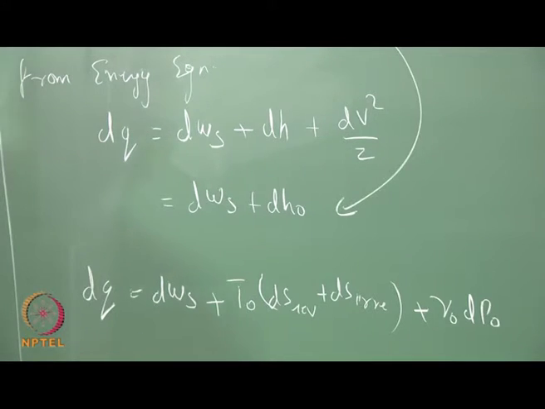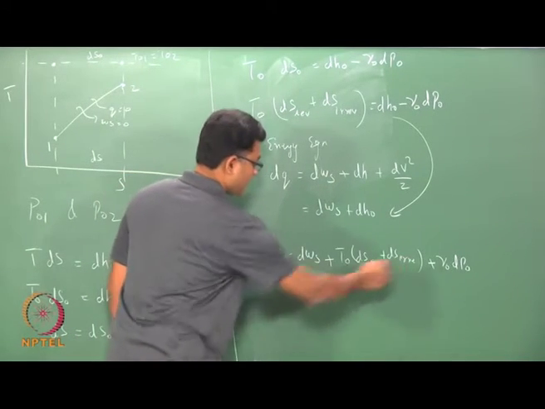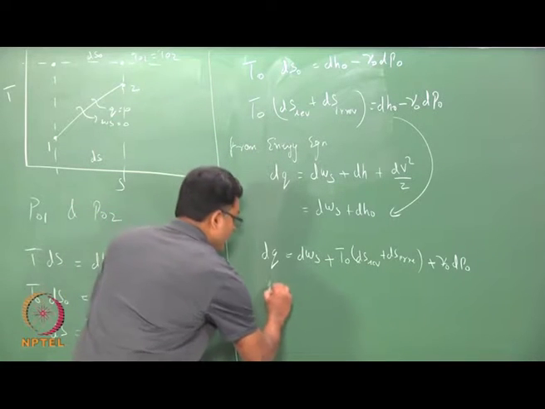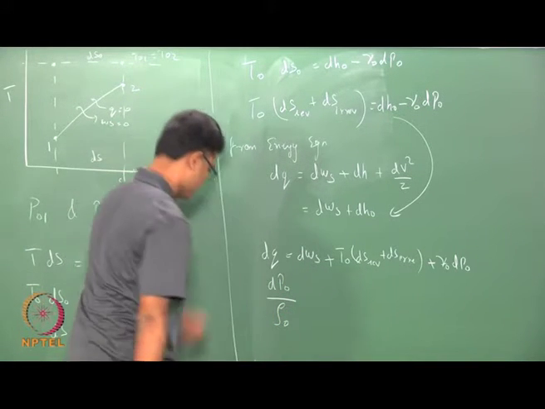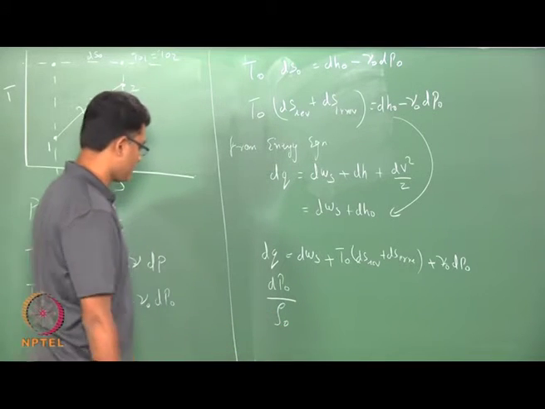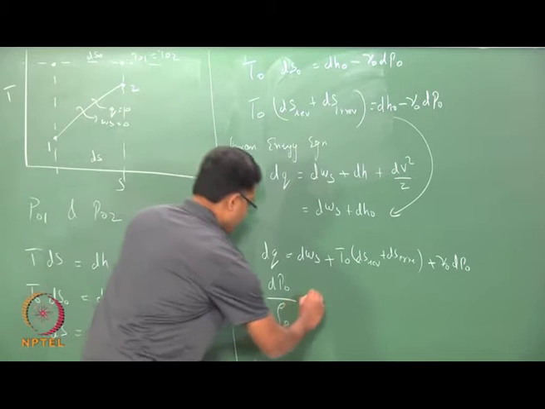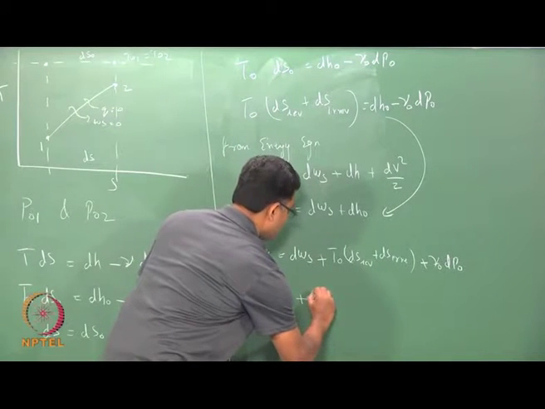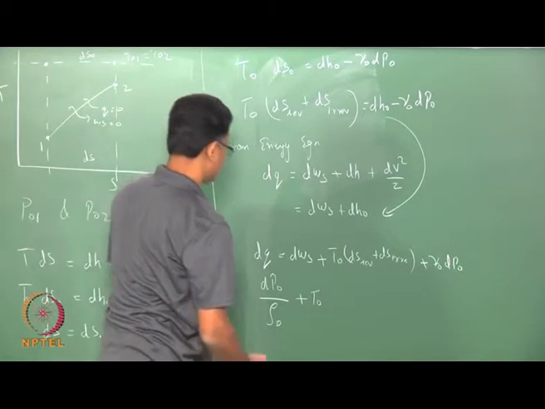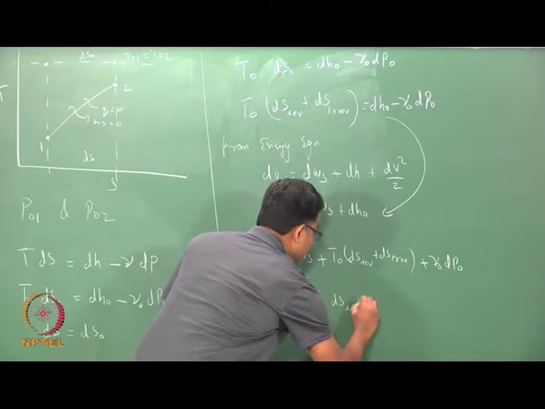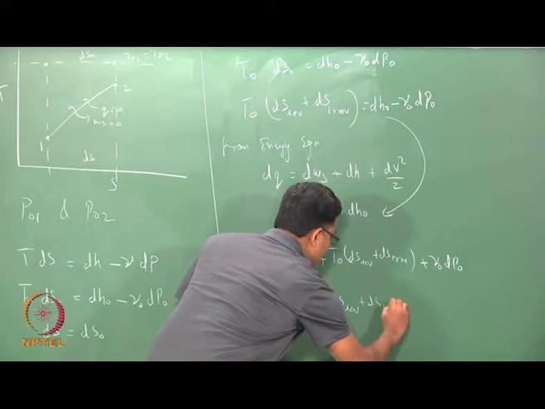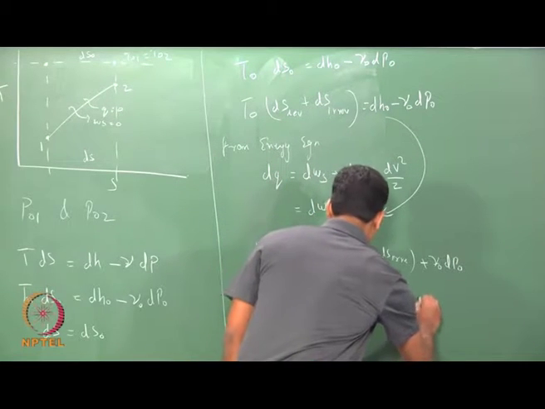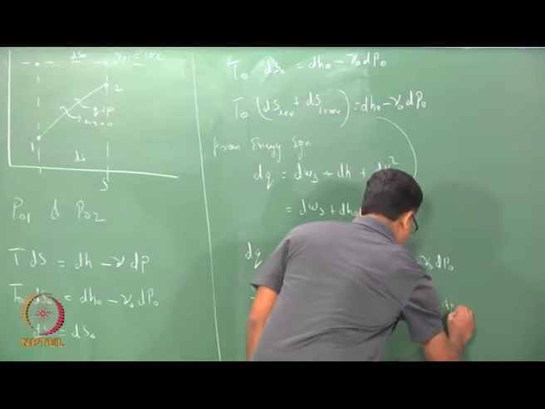So V0, which is a specific volume, I can rewrite as 1 by rho 0, so that's the stagnation density associated with some state, plus T0 ds reversible plus ds irreversible plus dws minus dq.